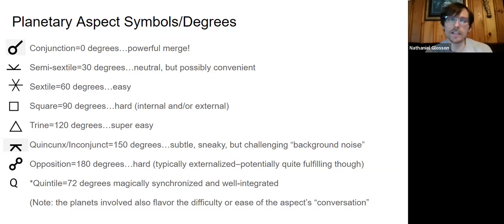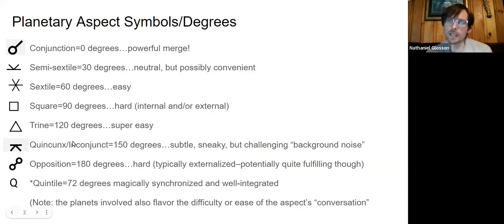That means they are 90 degrees apart, and it is a hard type of aspect. It represents some challenges, and it can be either internal or external. The trine aspect is 120 degrees, and that one is just super easy. Those energies are flowing together. So when things are around 120 degrees apart, super easy.